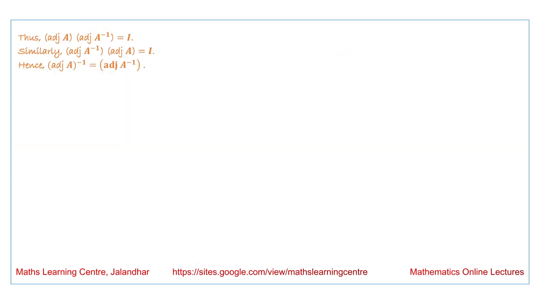Similarly we can prove that adjoint A inverse into adjoint A is I. So by combining both these results, we obtain the required result that adjoint A inverse is equal to adjoint of A inverse. We have already proved this result, and this is just the verification part for a particular 3 cross 3 matrix. So we have verified this result.